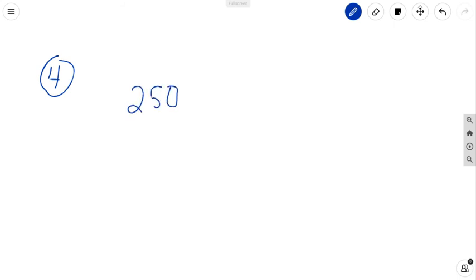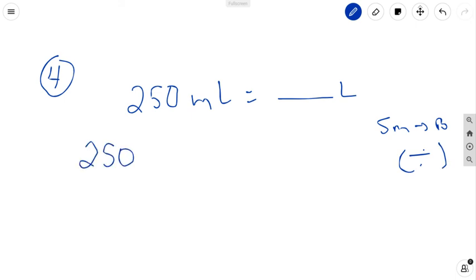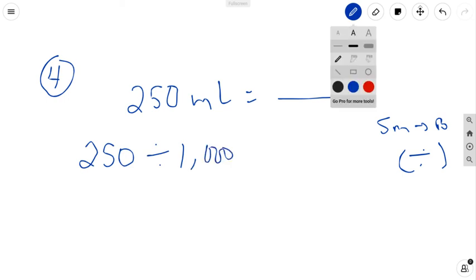250 milliliters equals how many liters? Okay, we're going from small to big, which means we're going to divide. And in this case, we're dividing it by 1,000. So I'm going to write 250 divided by 1,000. Now remember, the decimal is always at the end of a whole number.